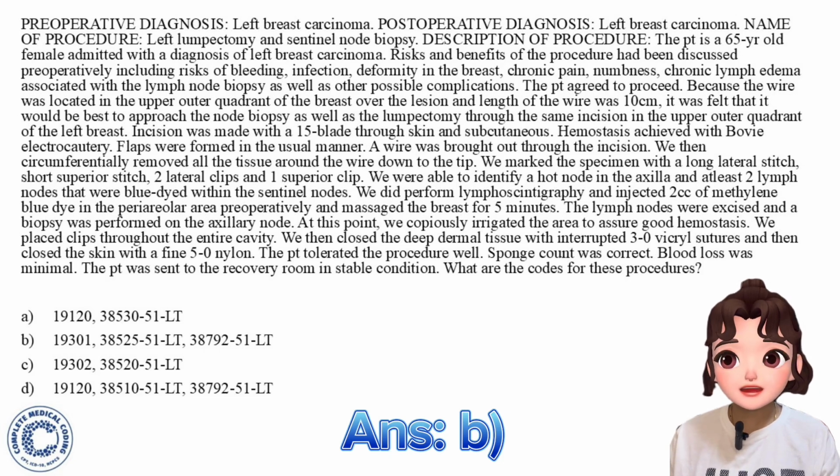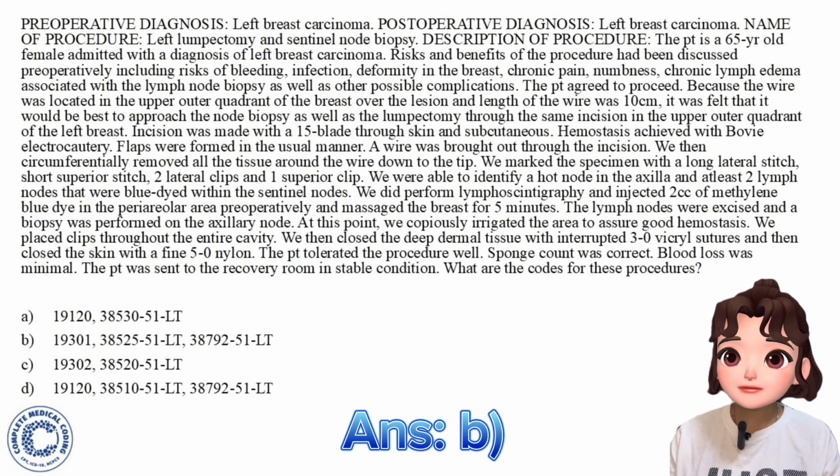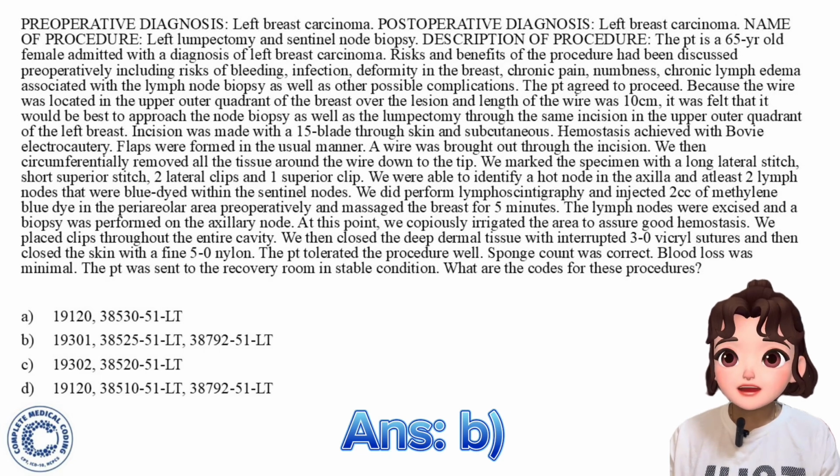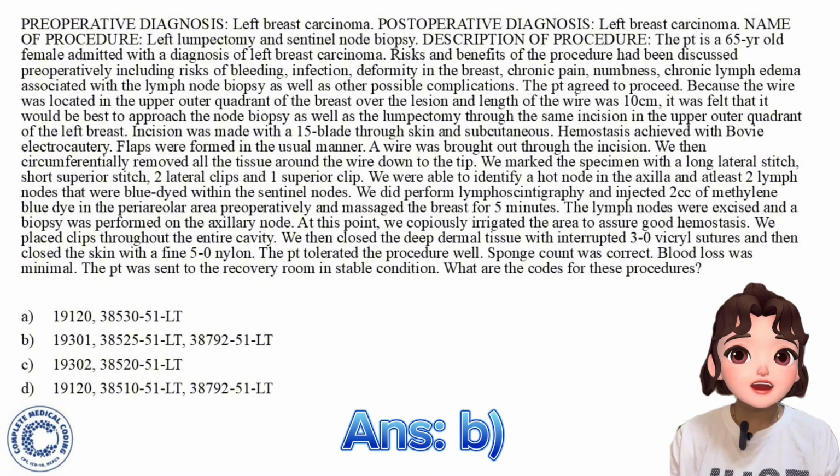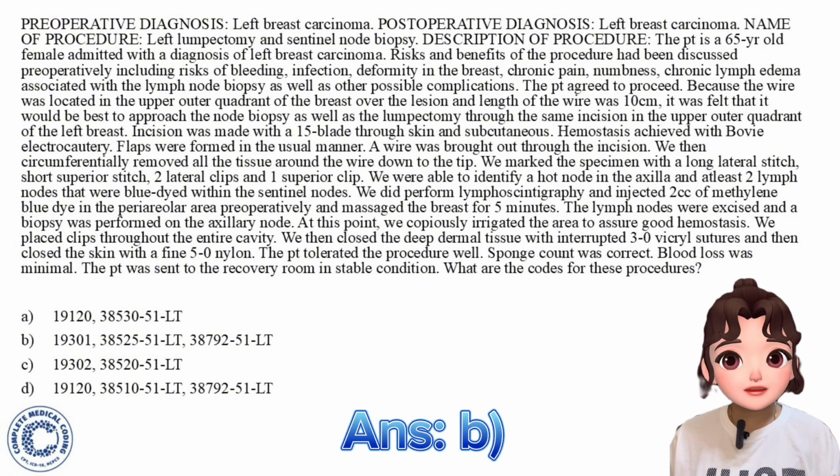Since the description of the procedure is partial lumpectomy, you don't have to append any modifier. 38525 with modifiers 51 and LT. 38792 again for coding lymphoscintigraphy. There is a radioactive element, that is a lymphoscintigraphy procedure, with modifier 51 and LT. This is how you need to find an answer for a descriptive question.